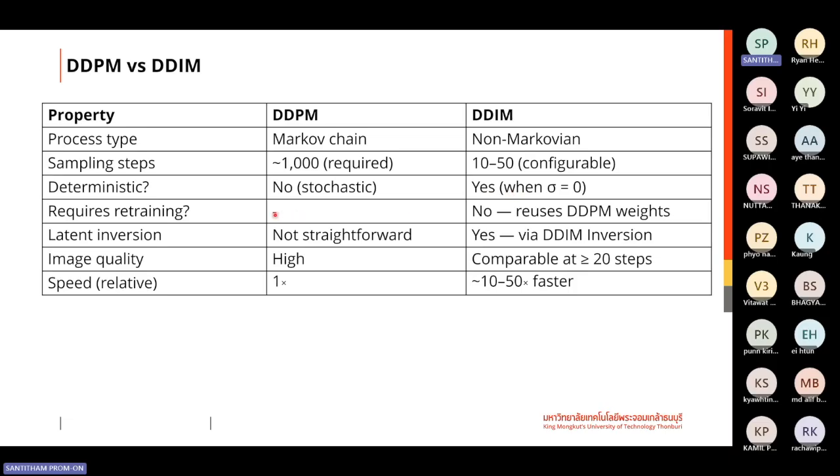DDIM also doesn't require retraining; you use the same model. You also have the DDIM latent inversion, which we'll look at on the next page. And for image quality comparing the two, DDPM is high, and DDIM is high too if you have enough steps, but the speed is a lot faster.